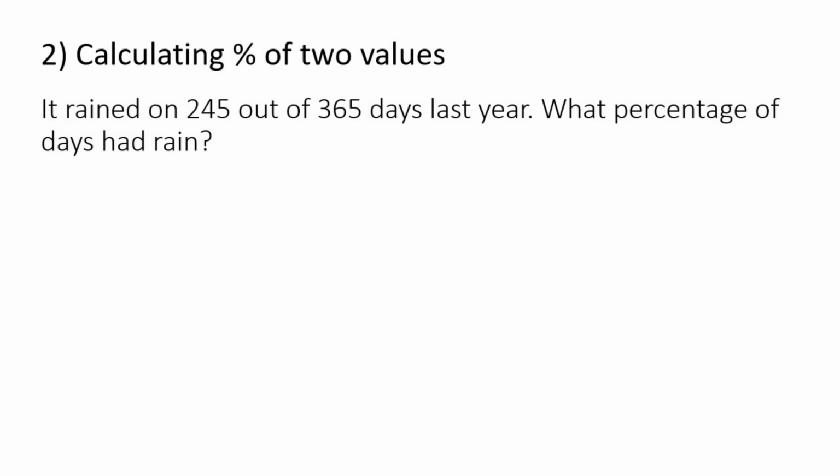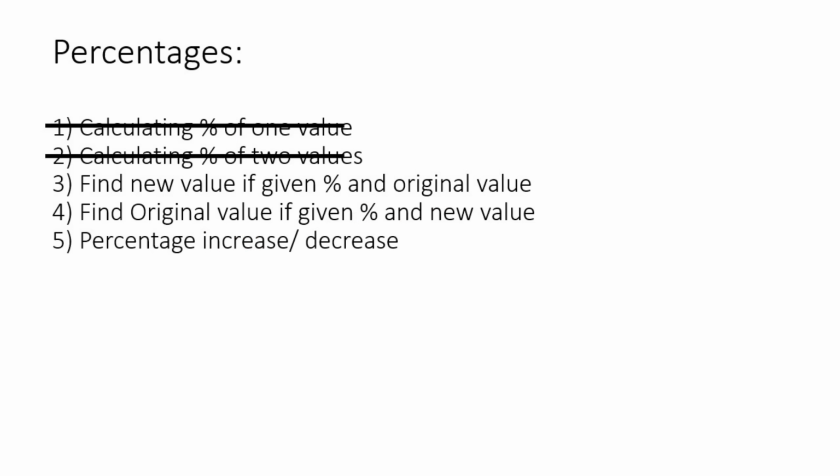It rained on 245 out of 365 days last year. What percentage of the days had rain? Well, this is the same as writing a test. The test was out of 365, and out of the 365 it rained 245 days, and so if we calculate this to 2 decimal places, 67.12%.